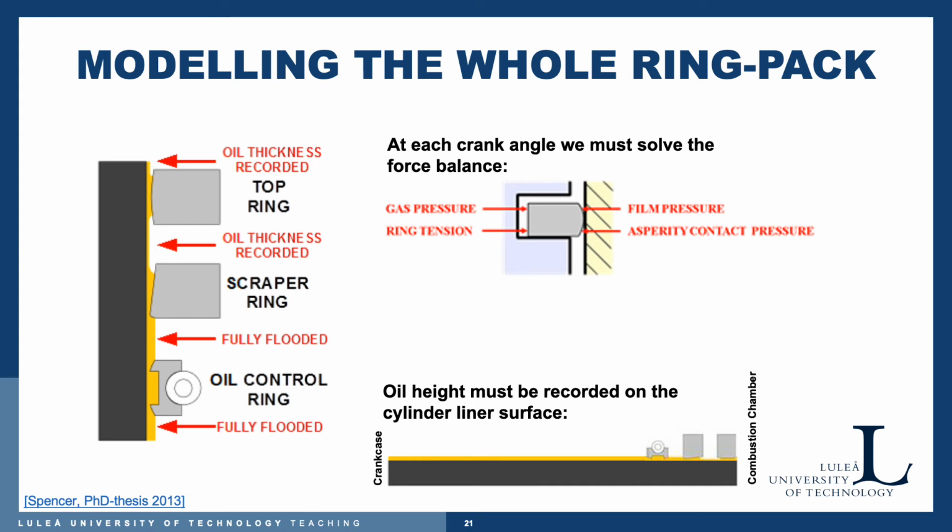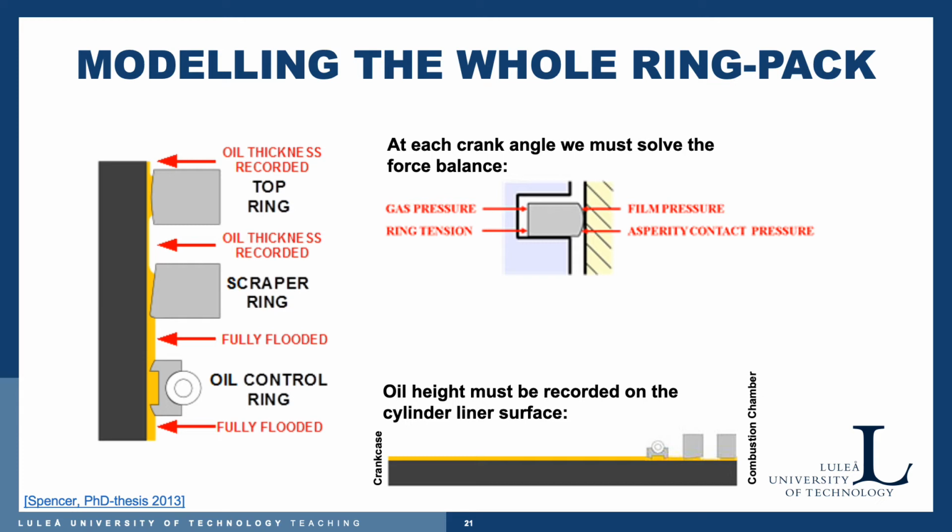Andrew was also showing that it's very important to model the whole ring pack, and this puts quite high demands on your modeling. You have to enforce force balance for each of the piston rings, and you have to record the fluid left behind, which is the fluid that the next ring will ride on, and so forth.